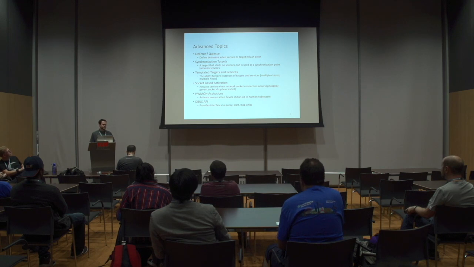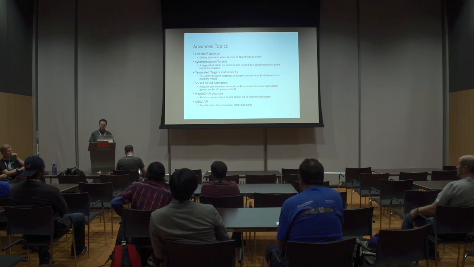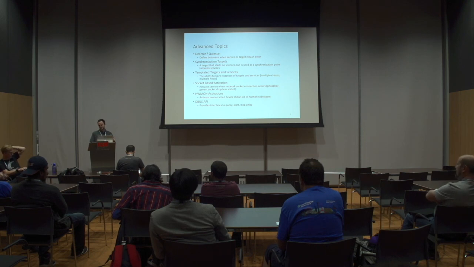Socket-based activation. Our REST server in OpenBMC doesn't start by default. It only starts when somebody actually comes in and tries to talk on the REST port. So there'll be a little delay on that first piece of communication because systemd is actually starting it based on that port activation. It's a neat feature to only start services on demand, and that's used in a variety of different ways.